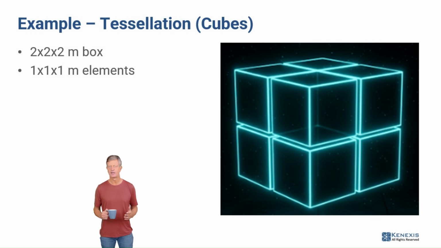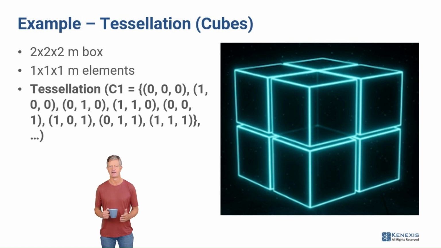In this version of the tessellation, the box can be described using the 8 vertices of each 1 by 1 by 1 cube. These vertices give all necessary information about the size, location, and orientation of the cube. For example, the first cube could be described by the vertices shown here. This pattern would repeat for all 8 cubes, giving us our 2 by 2 by 2 box.